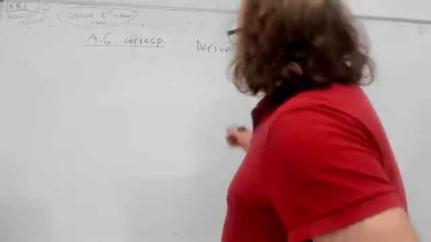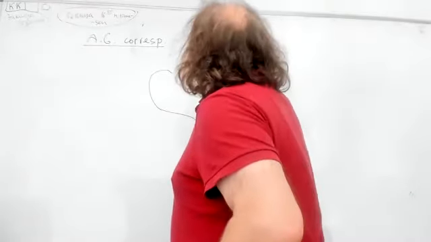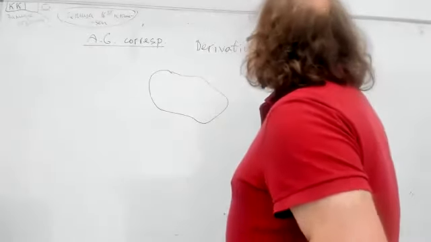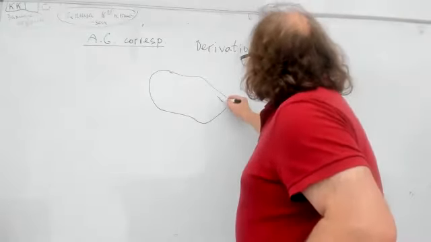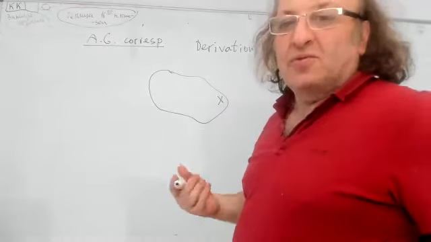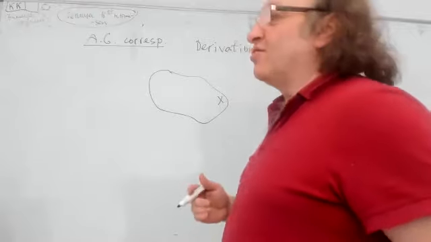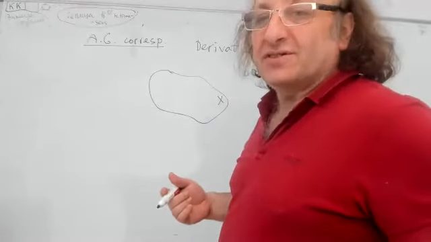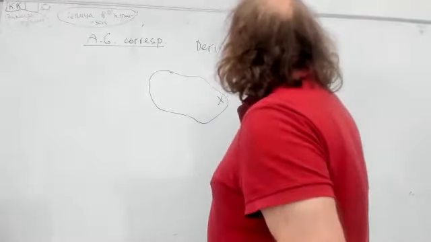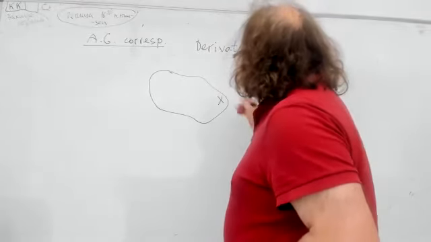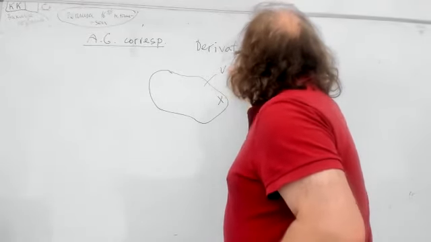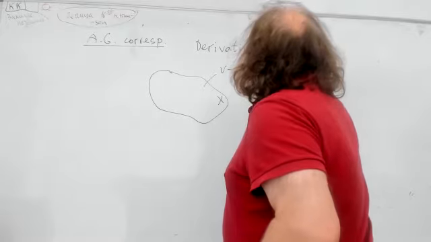So, suppose we have a smooth manifold. We will consider smooth manifold as a prototype for algebra geometric constructions. And suppose we have V vector field.